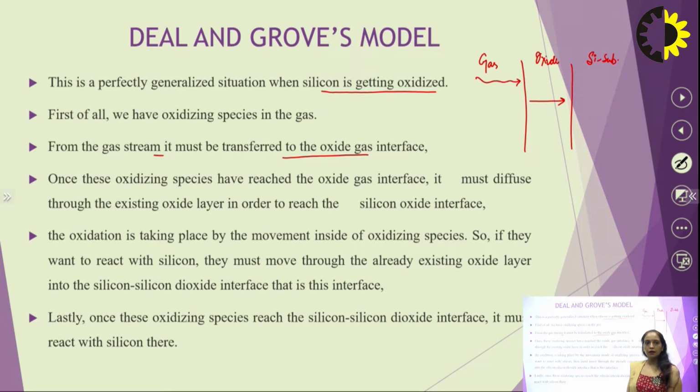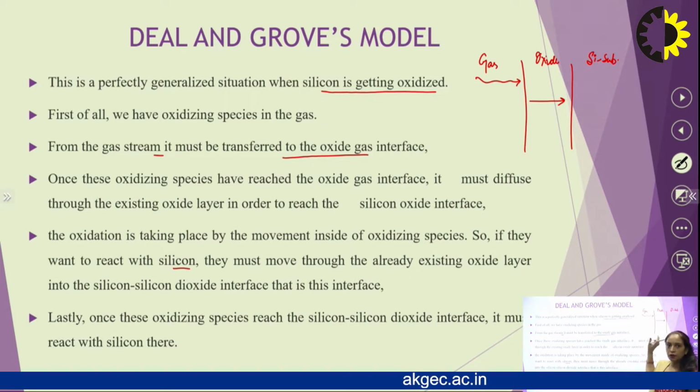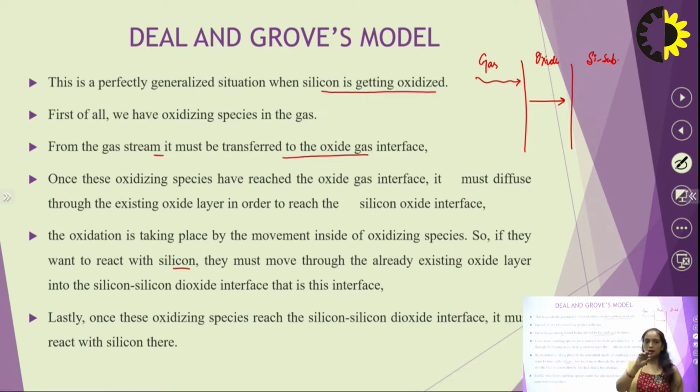The oxidation takes place by the inward movement of the oxidizing species. If they want to react with the silicon, they must move through the already existing oxide layer. We believe that before the oxidation starts, a thin oxide layer is already grown over the silicon.